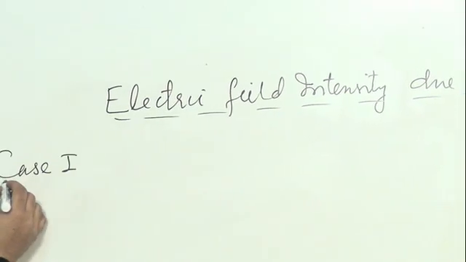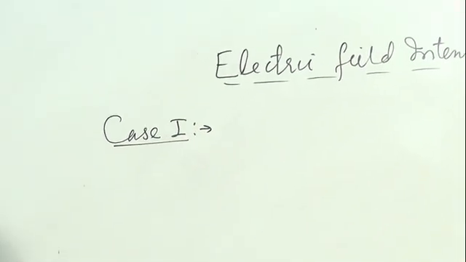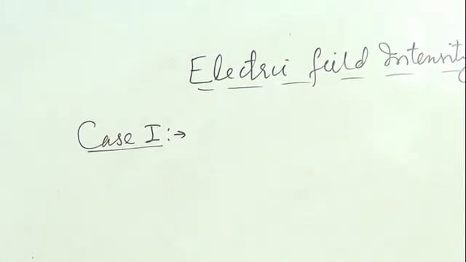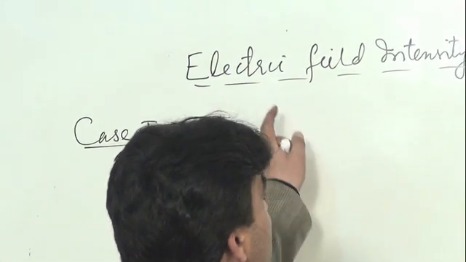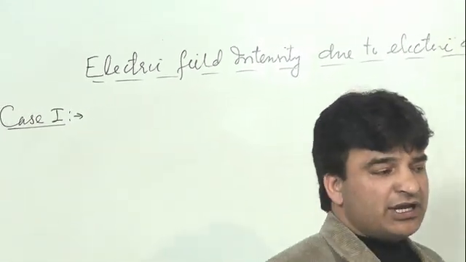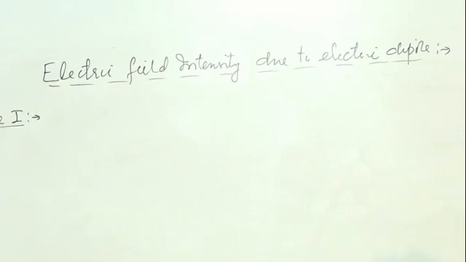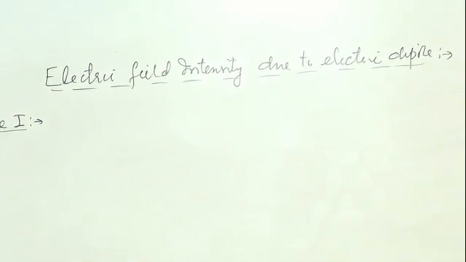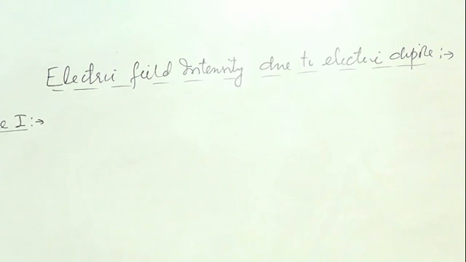Case first, and then we will consider case second. In case first, we will derive the expression for electric field intensity due to electric dipole at any point on a line called the axial line of the electric dipole.